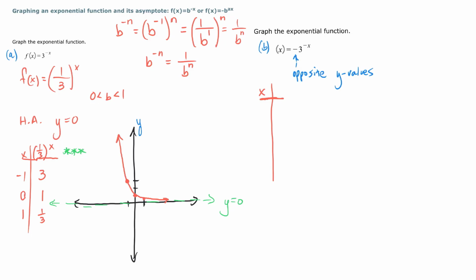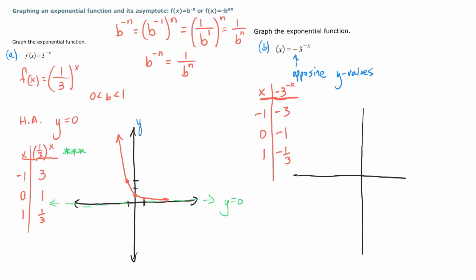So x, and then the opposite of 3 raised to the opposite of x. We have negative 1, negative 3; 0, negative 1; and then 1, negative 1/3. And we simply plot this graph.